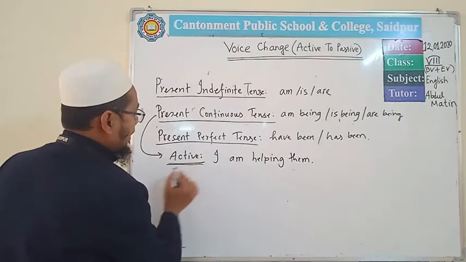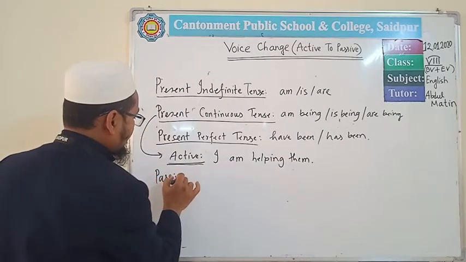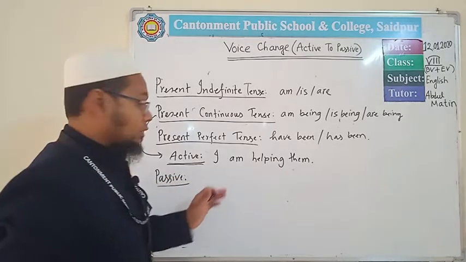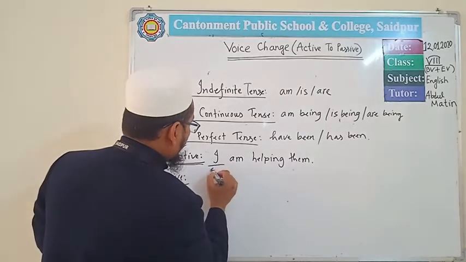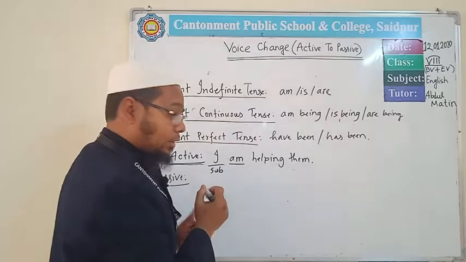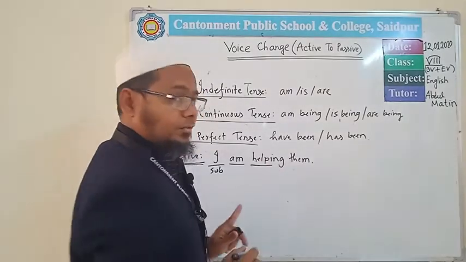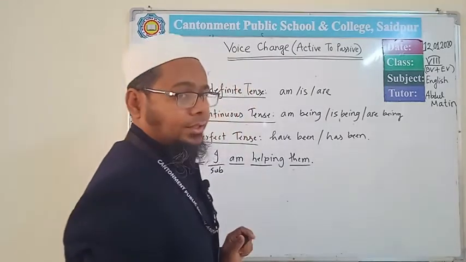This is a voice, and what will be its passive? Who can say what will be its passive? First, you have to identify. Here the subject is I, and am is the auxiliary verb, help is the main verb, and then them is the object.